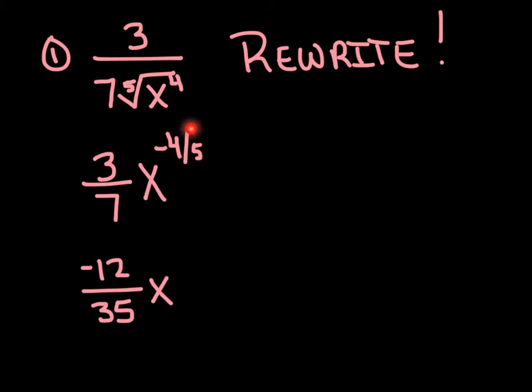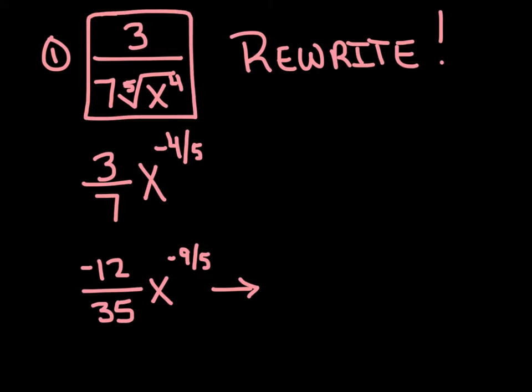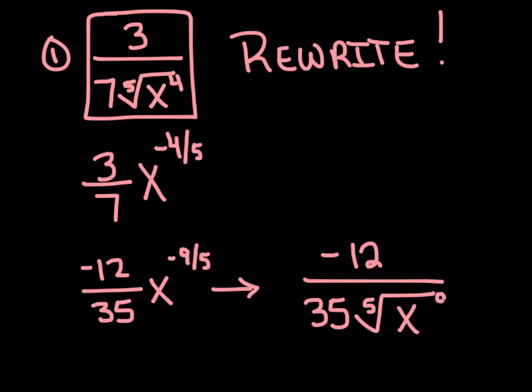When I say subtract 1, in my mind I'm subtracting 5/5, which gives me negative 9/5. And then the last thing is we always want to mirror the original form the problem was written in, so we rewrite it as a fraction with only positive powers. So I'm going to say negative 12 divided by 35 times the fifth root of x to the 9th power. Bingo.